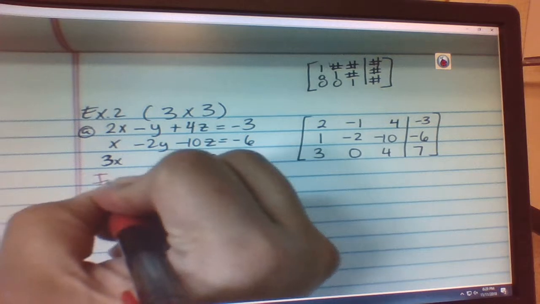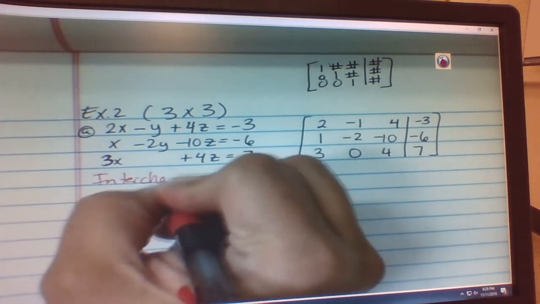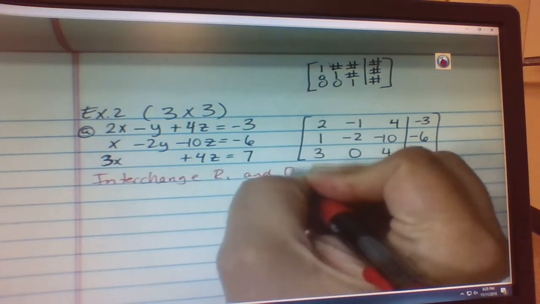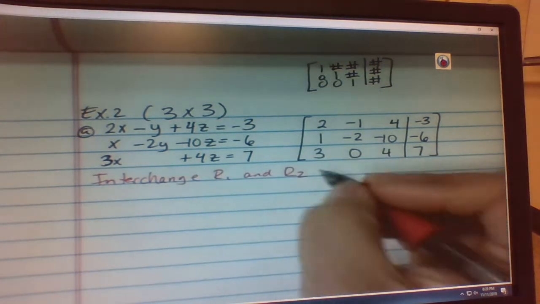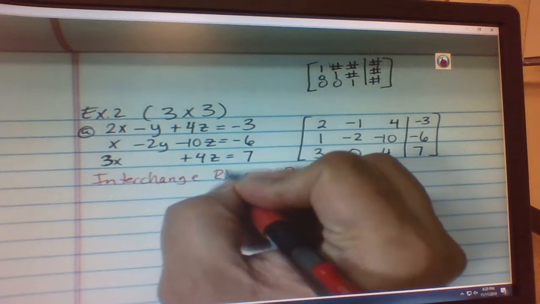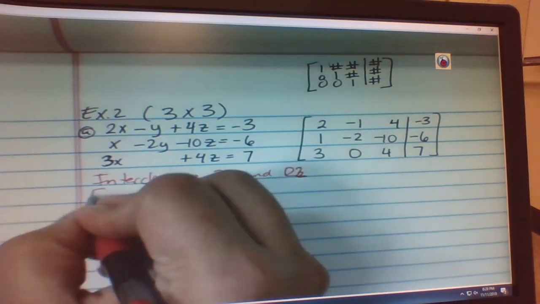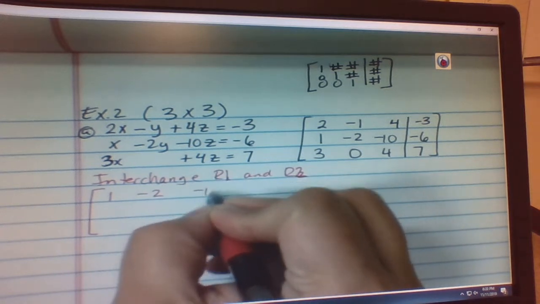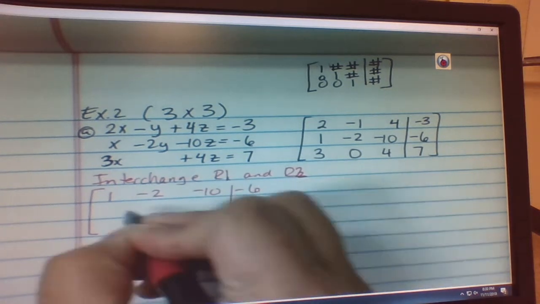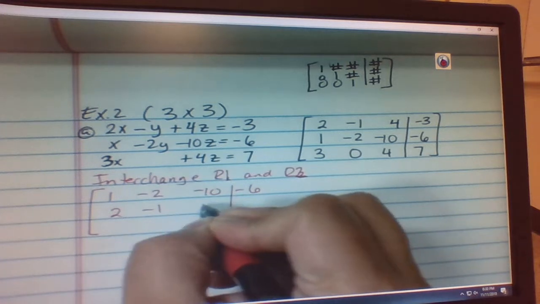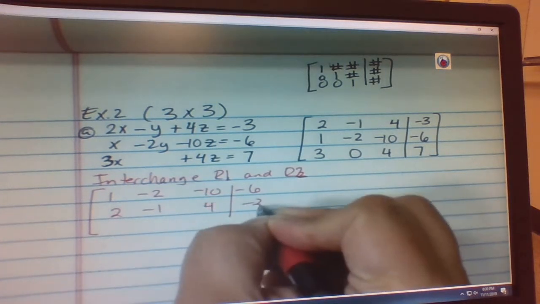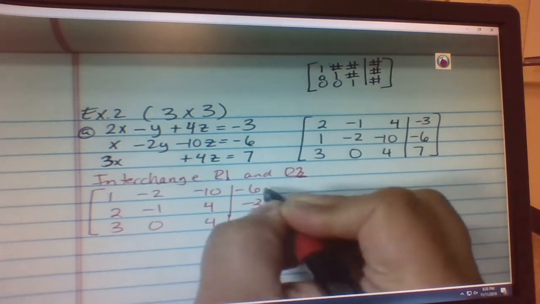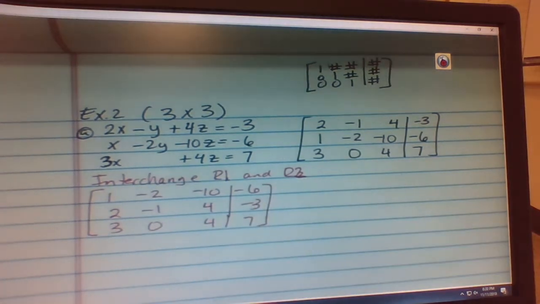Interchange row 1 and row 2. So my new matrix is going to be 1, -2, -10, -6; 2, -1, 4, -3; 3, 0, 4, 7. Great.